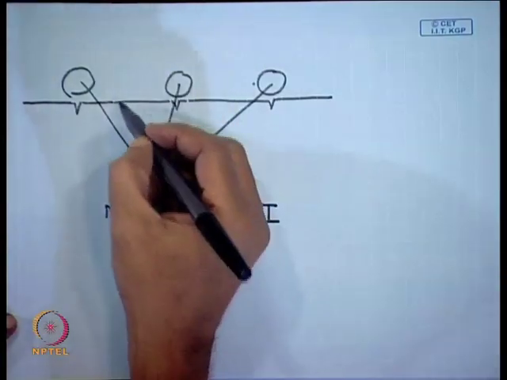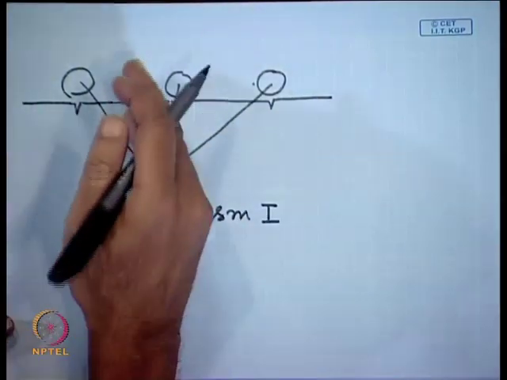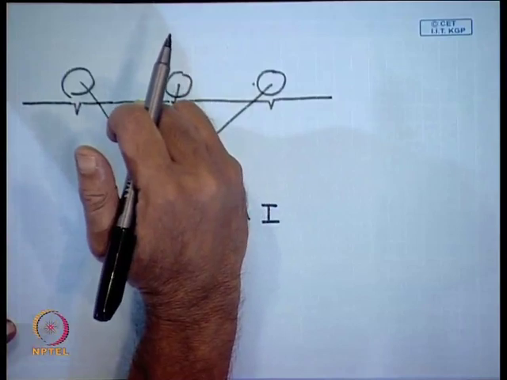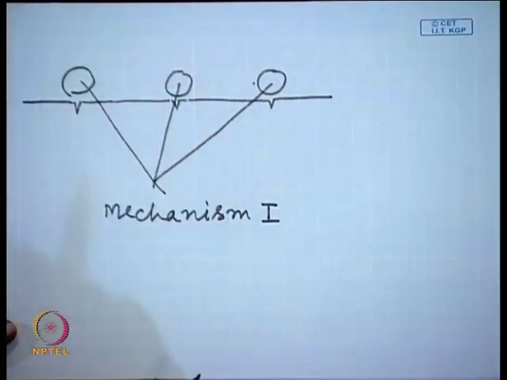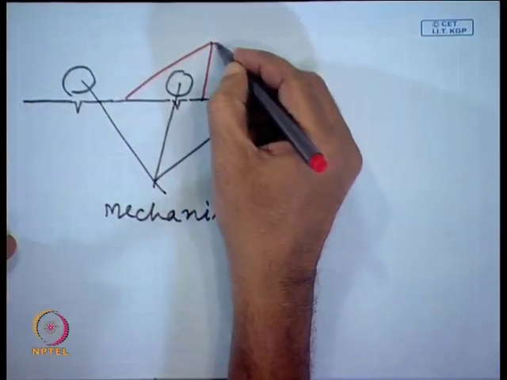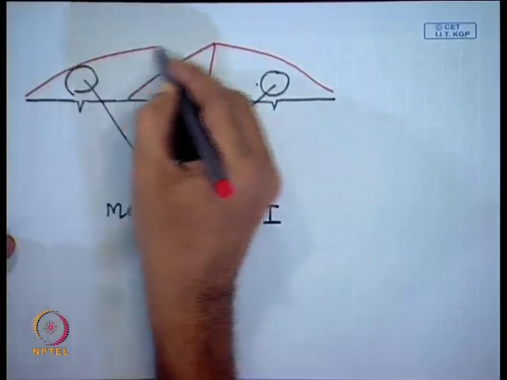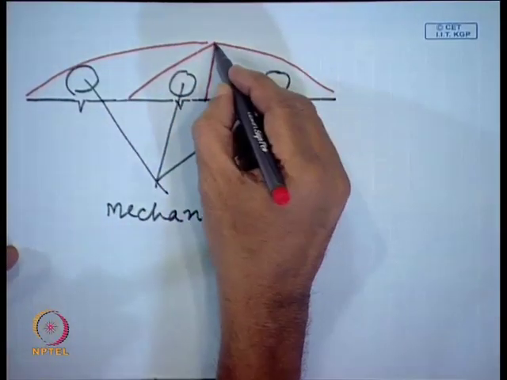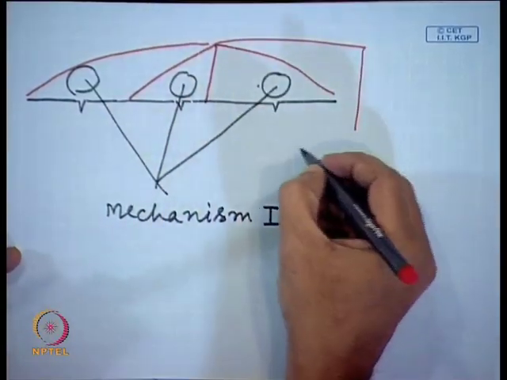But between the bubble there are spaces where also the hot surface is in contact with fluid. So, there will be some other mechanism of heat transfer which we are not bothering at all. So, this we can call mechanism 2.